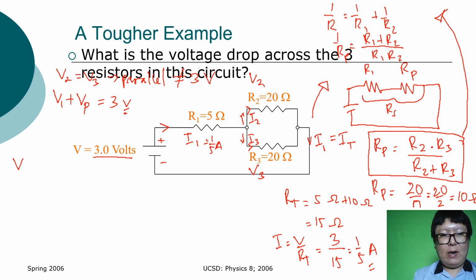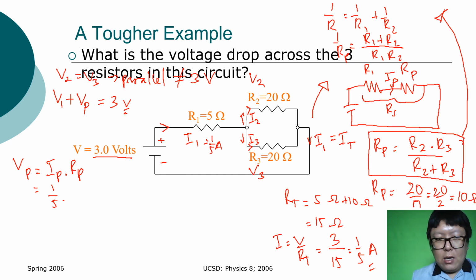Now how to count the V parallel? So the V parallel is the I in parallel times by the R parallel. So the I parallel is, of course, same with the total current flow, right? 1/5 times by the 10. So 2 volt. Yeah.